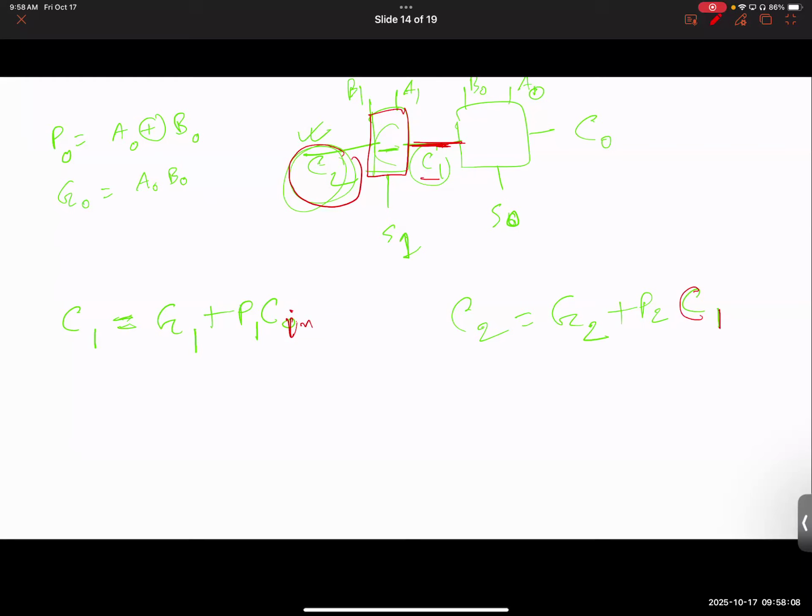Does that make sense? Okay, let me quickly finish the next step, and then if necessary, I will repeat it. Don't worry, you don't have to take it at face value, but I want to show you where I'm going with it eventually. So let's keep going. Can I put C1 from the equation that we saw before?